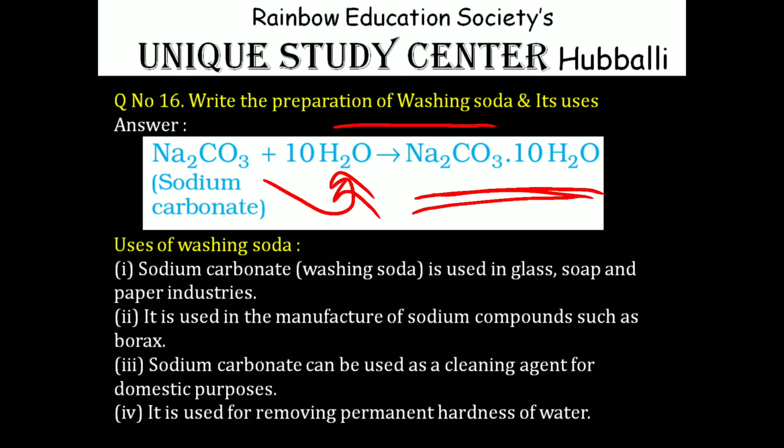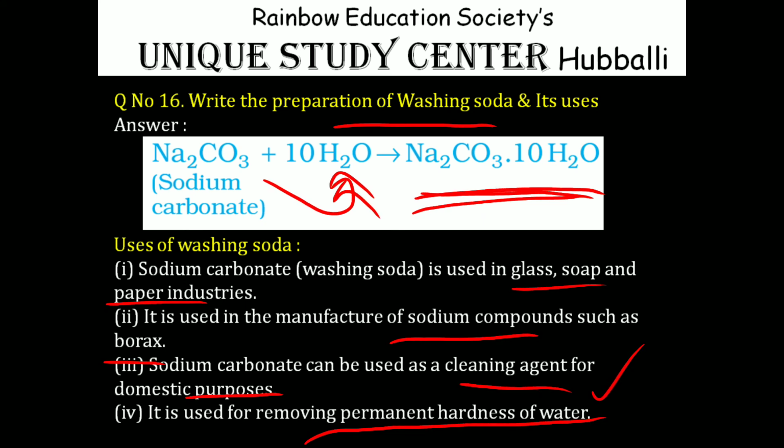This hydrated compound is called washing soda. It is used in the glass, soap and paper industry, in the manufacture of sodium compounds like borax, and as a cleaning agent for domestic purposes. It is used for removing the permanent hardness of water. Hard water can be converted into soft water by using washing soda.